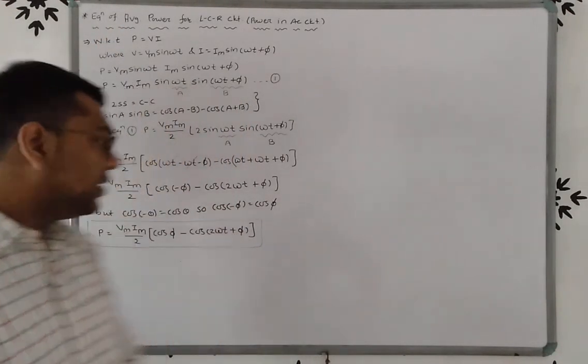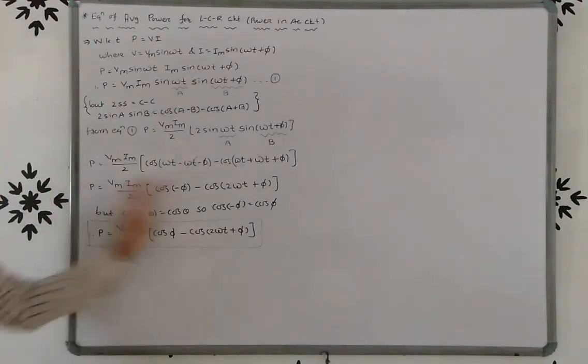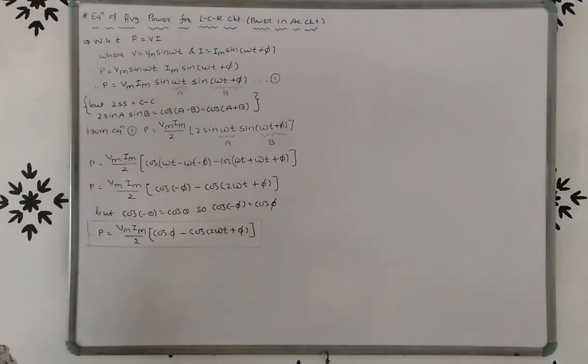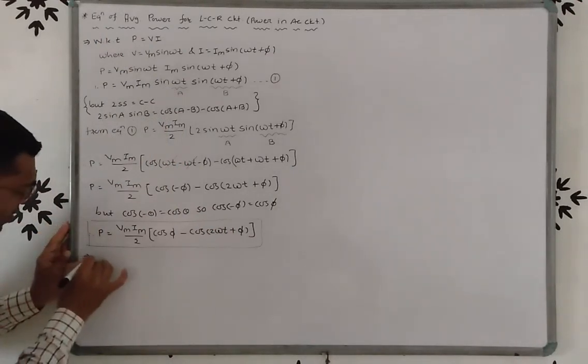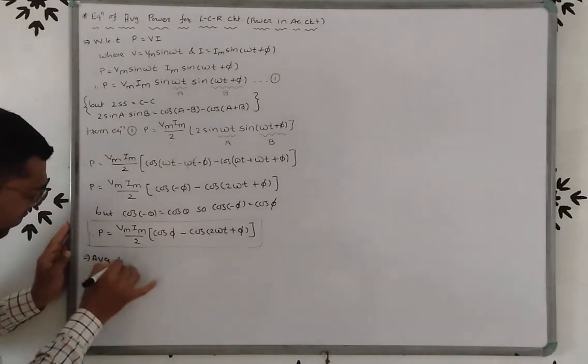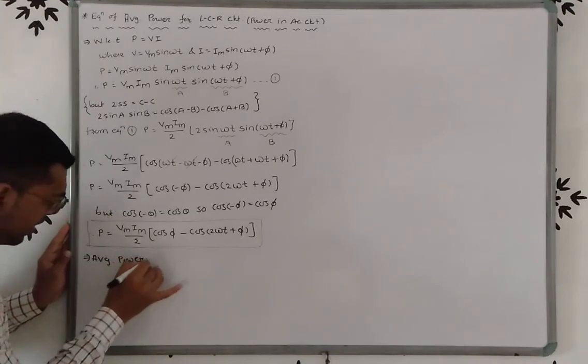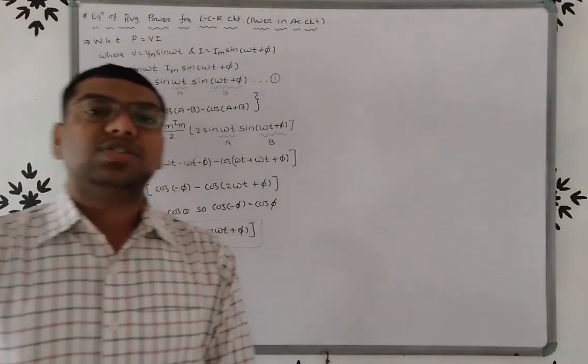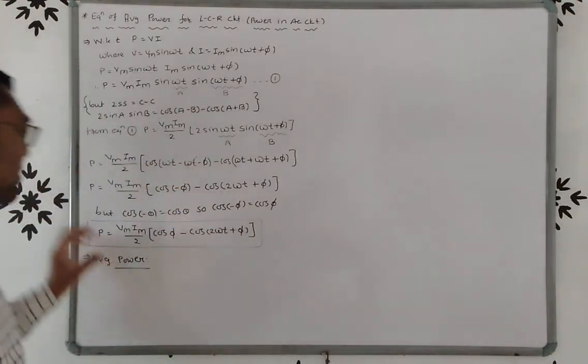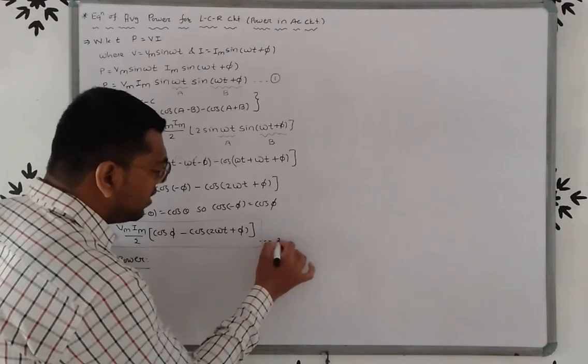So to find out the average power, we have to take the average value of this equation, right? Now average power. Here we have to take the average of this equation number 2, right?